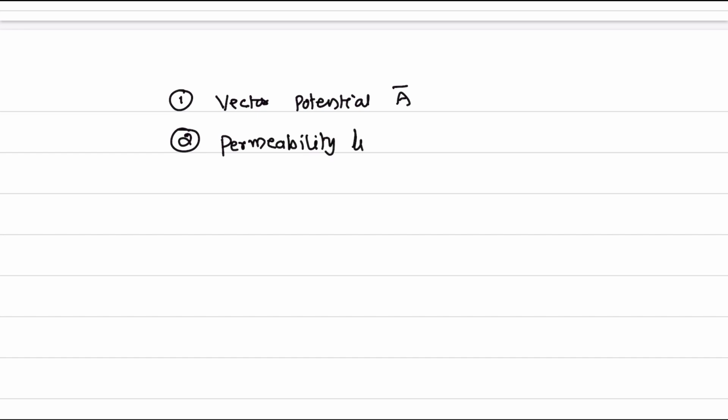In this example, what are the quantities? One is the vector potential as the ultimate answer, in Tesla meter. Second is permeability μ₀ in free space.